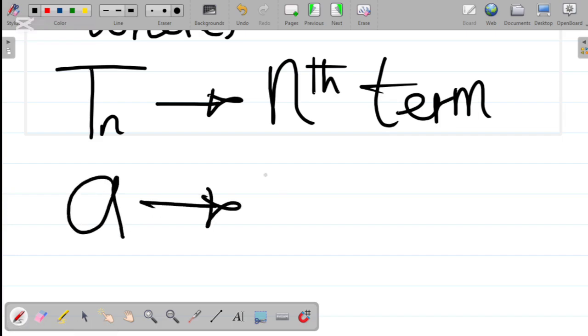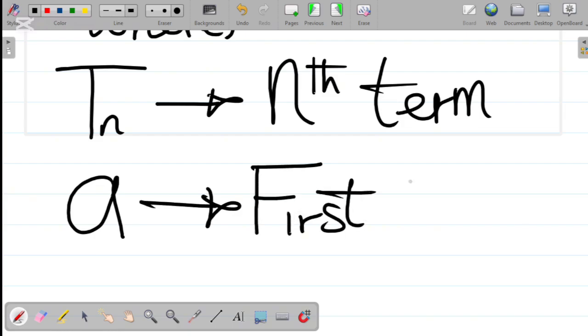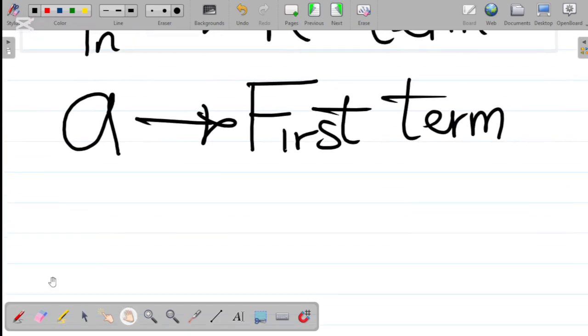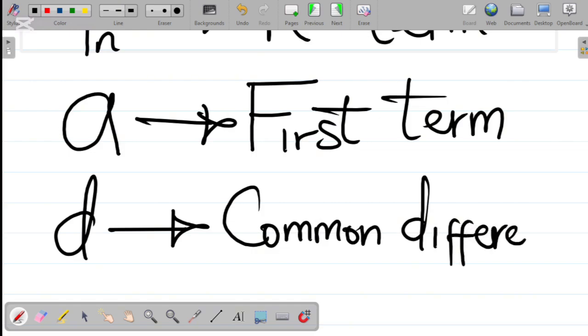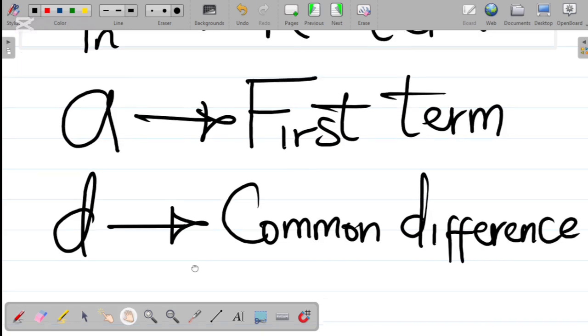A is called the first term. D is called what? Common difference.